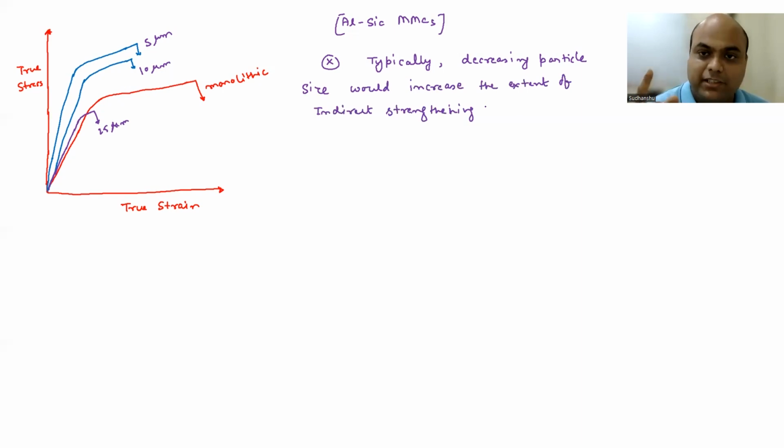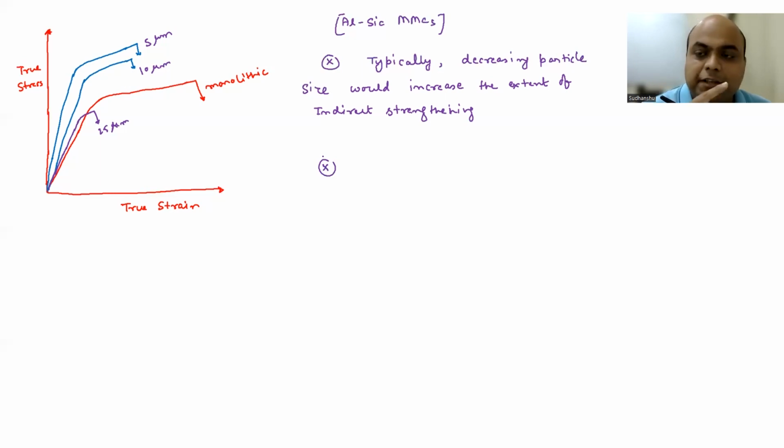Go through the previous lecture. We have already discussed that. So this will lead to the increasing yield point, right? That is point number 1. Okay. So that is how we go from 5 micron and 10 micron. That is what this point is about.